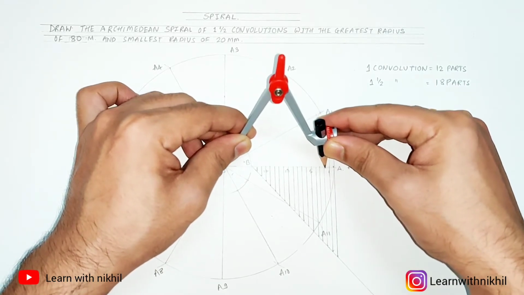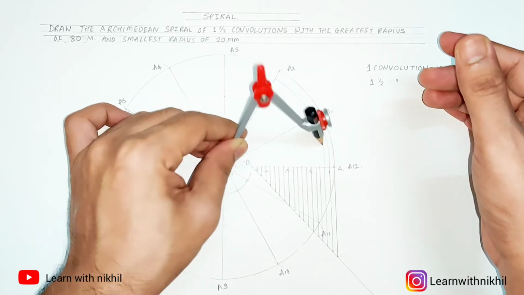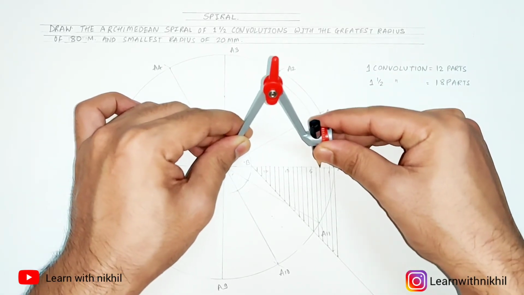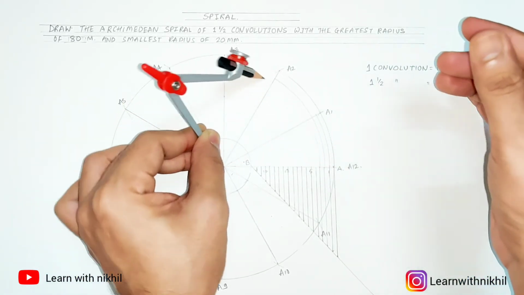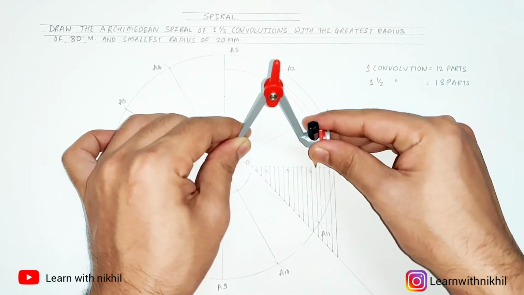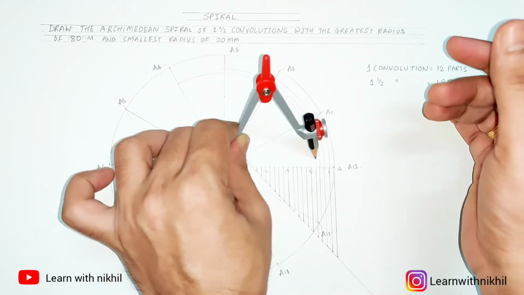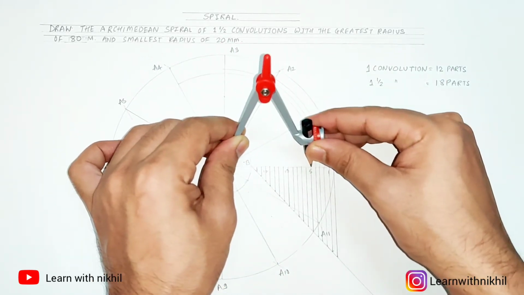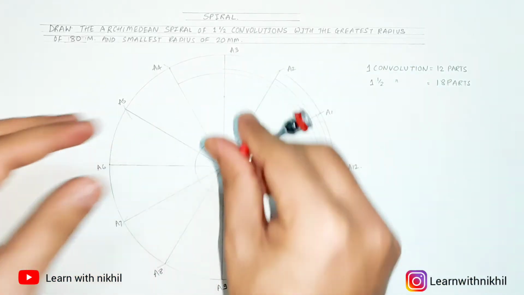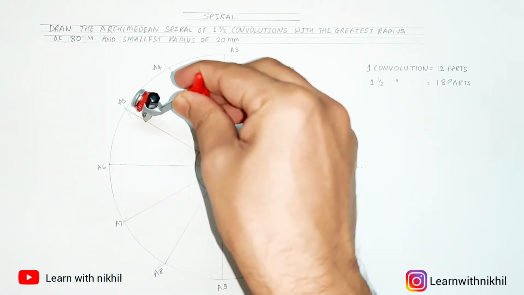Now next step, take the compass, extend till 1 and extend the curve till A1. Reduce the radius from the second point, extend the curve till A2. From the third point, extend the curve till A3. From the fourth point, extend the curve till A4. Reduce the radius from the fifth point, extend the curve till A5.